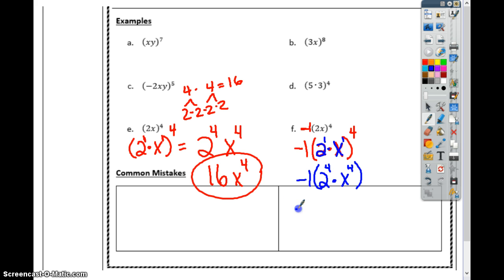Now we simplify, bring down our -1 still, times, what did we just figure out here? 2 to the 4th power equals 16 over here, and this stays the same, x to the 4th power. Now when we take this all times a -1, my answer becomes -16 x to the 4th power.